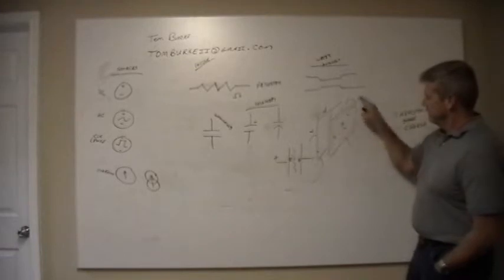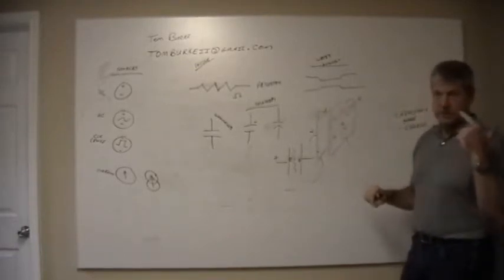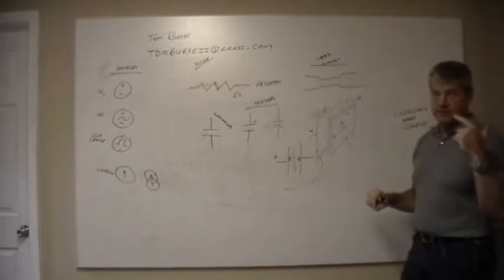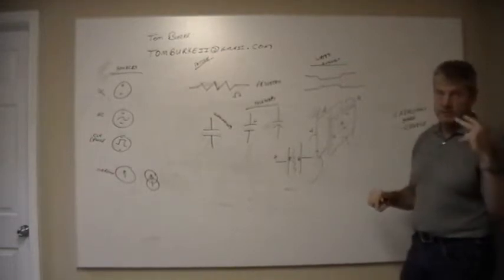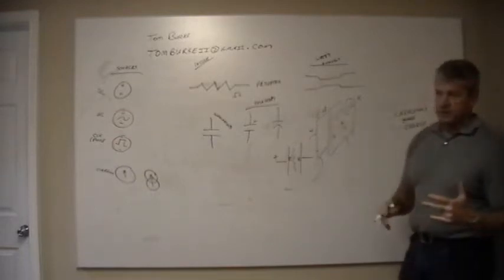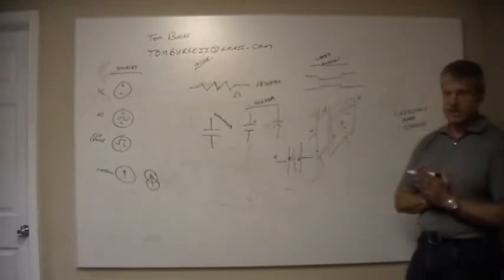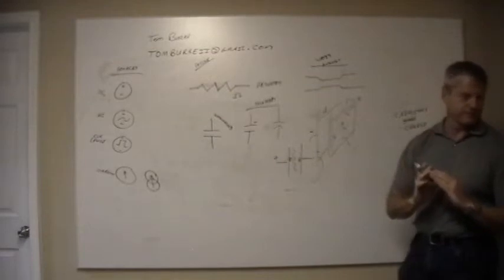And the capacitance is a function of these things: height times width times dielectric constant, divided by the distance. So you can make a really big capacitor by pushing the plates really close together, and that's the game, to get them as close together as you can so that you can get the size down.